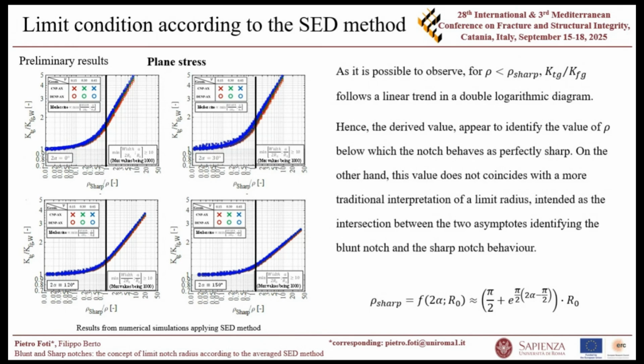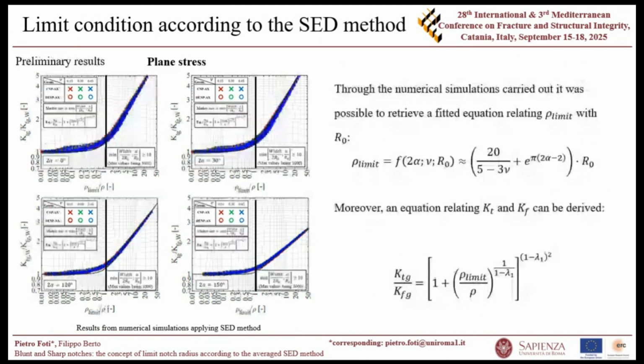So the first condition that we have evaluated didn't work so well, but obviously we thought that we can fit this value, and in a subsequent analysis, we have fitted the limit condition that could be found through the previous diagrams, and we obtained that the limit condition should be equal to this equation here, that for now is fitted, but we also managed to find somehow an analytical solution for this.